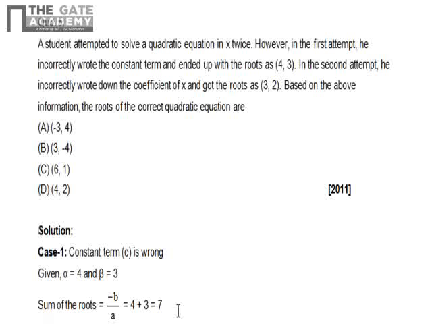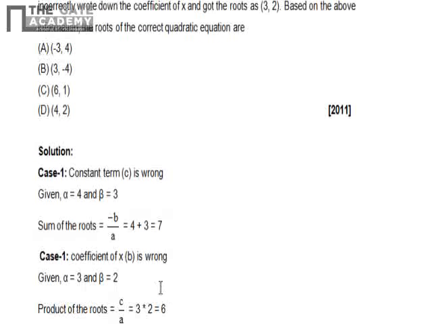Then the sum of the roots, which is minus b by a, is 7. Now in the second case, the coefficient of x, that is b, is wrong. Then the roots are 3 and 2, so the product of the roots, in which b is not there, is right: 3 into 2 is equal to 6.